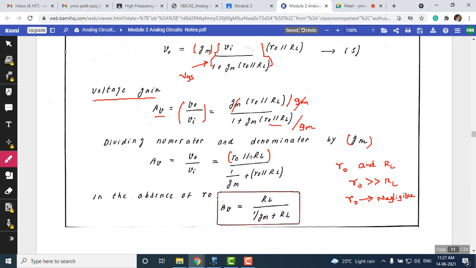You can ignore R naught here and here. The remaining equation is AV equals RL divided by 1 by GM plus RL. So this is the final equation for the voltage gain.